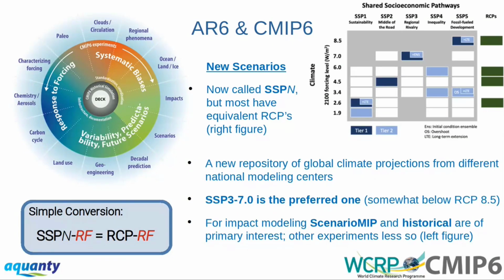So an SSP5-8.5 is essentially the same scenario as RCP 8.5, although I think it actually turns out to be a little bit more aggressive. A scenario that is now often recommended for impact analysis if you cannot afford to run multiple scenarios is SSP3-7.0. It's not the worst case scenario, but it's a relatively high impact scenario.